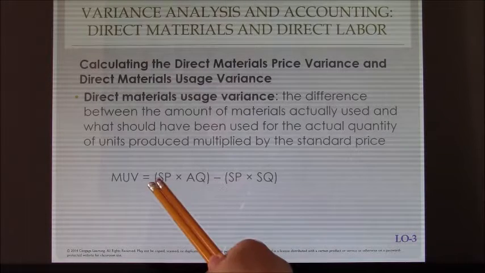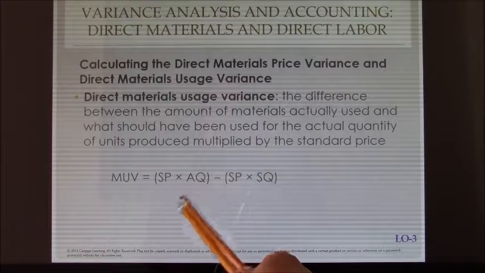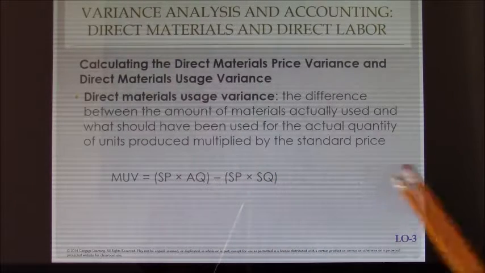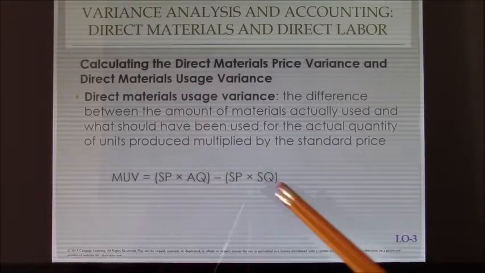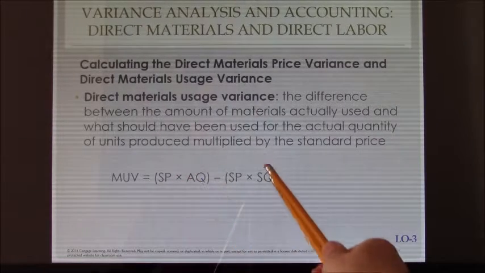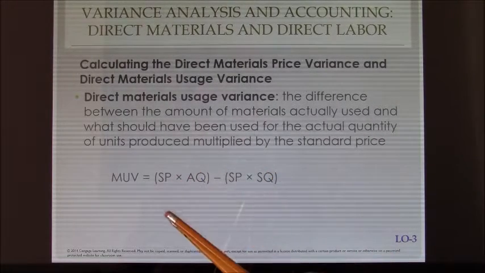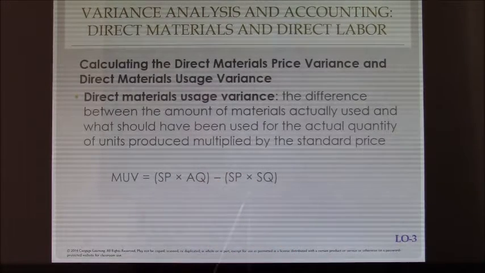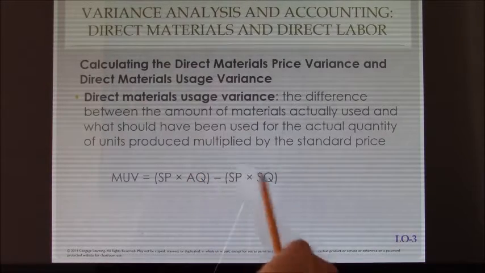That's called a usage variance. And standard price times actual quantity minus standard price times standard quantity gives us our usage variance. And if you look, see how we're stripping quantity out of that? See how we're stripping price out of that? We have standard price on both sides. So that's going to tell us how much of the difference is based on quantity.